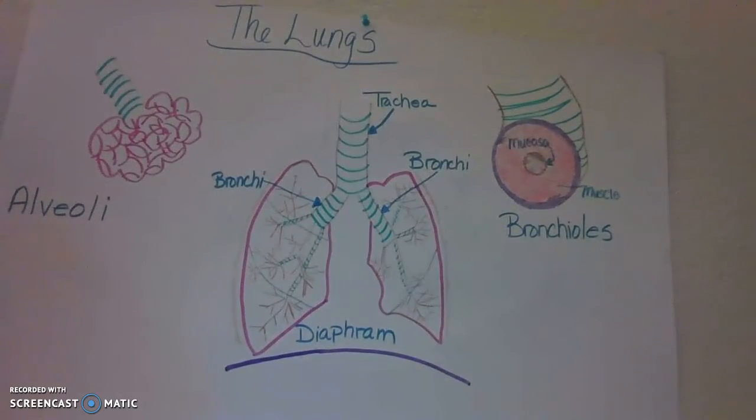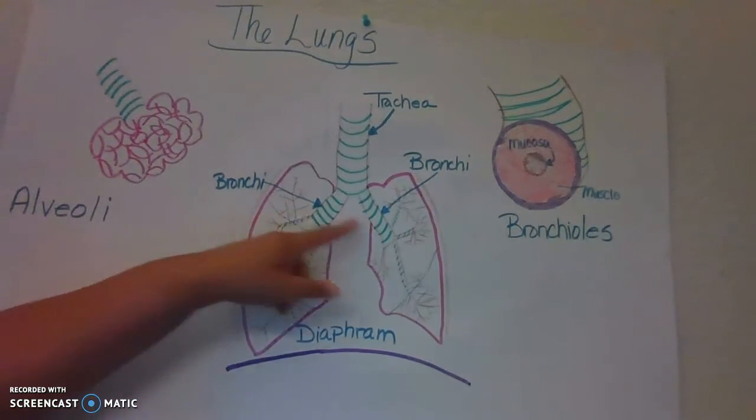Some people have a larger lung capacity due to the actual size of the lung, a larger chest cavity, and a stronger diaphragm muscle. Now, asthma is an inflammatory disease affecting the bronchi and the bronchioles.